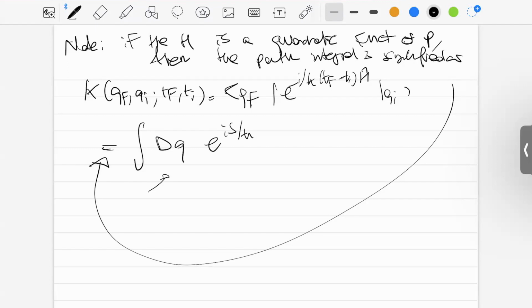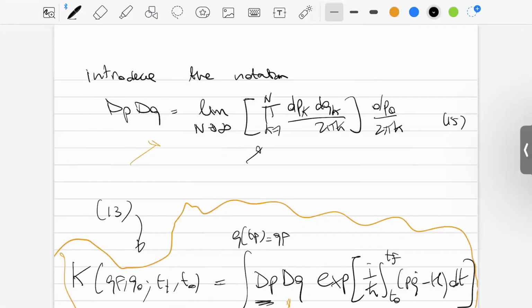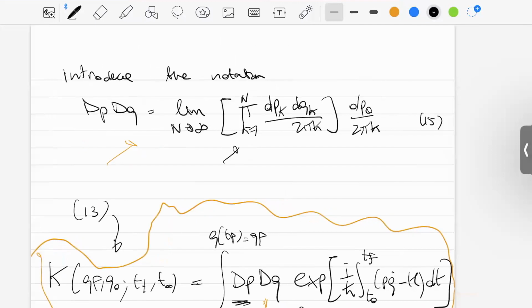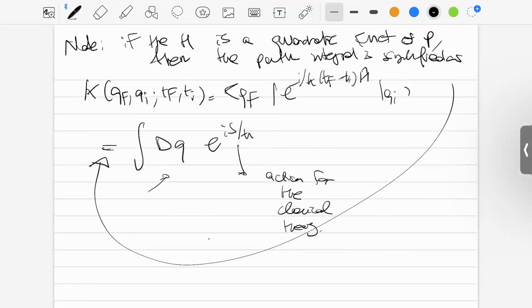And then in the exponential you have s, where s is the action, the action of the classical theory. This is the form of the propagator that everyone uses, because usually the Hamiltonian is quadratic in the momentum, so you can always recast the general expression of the propagator that I have written here into this form.